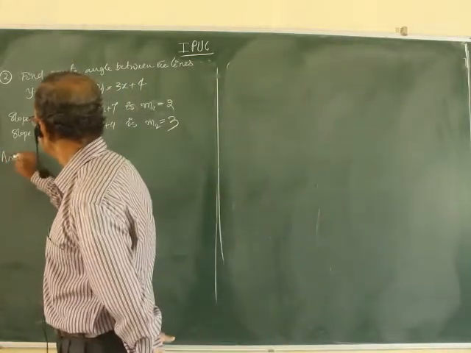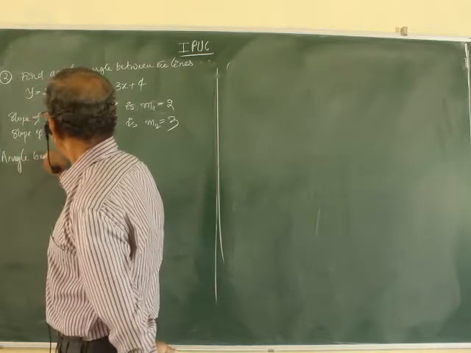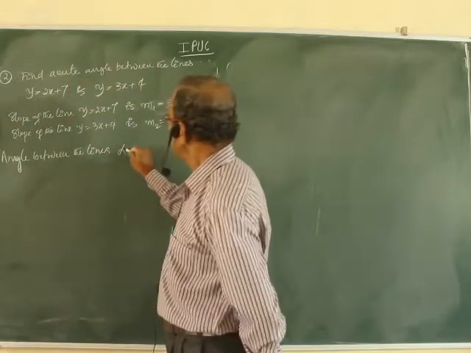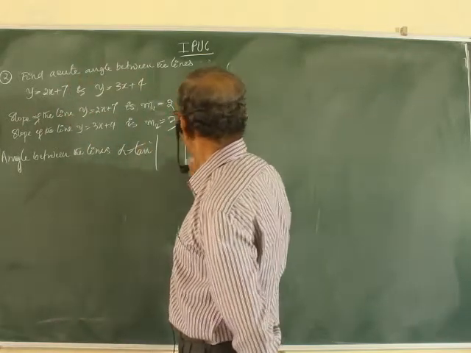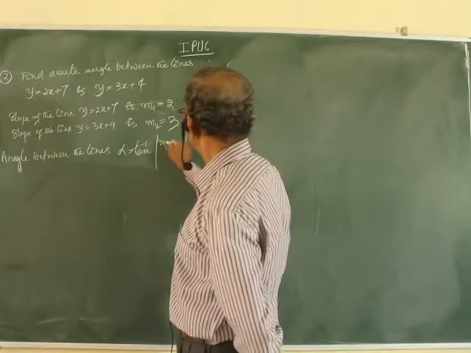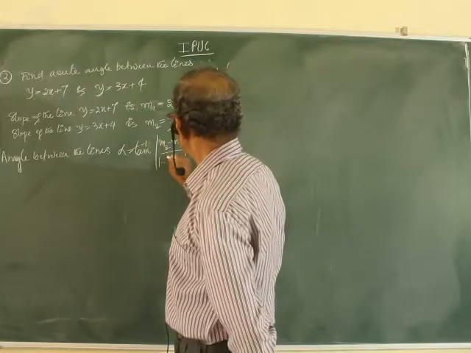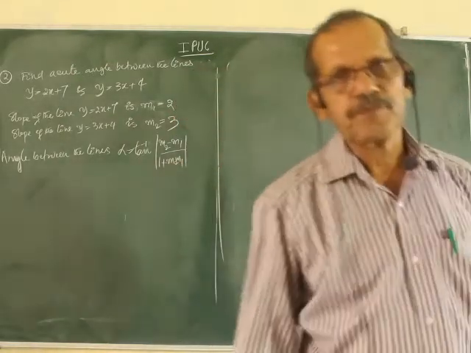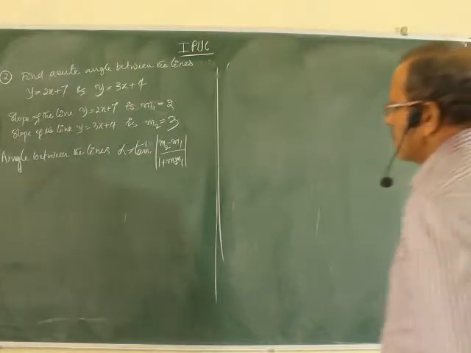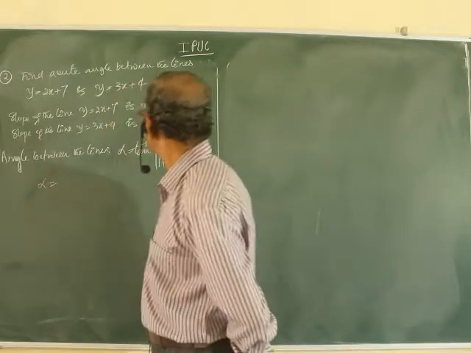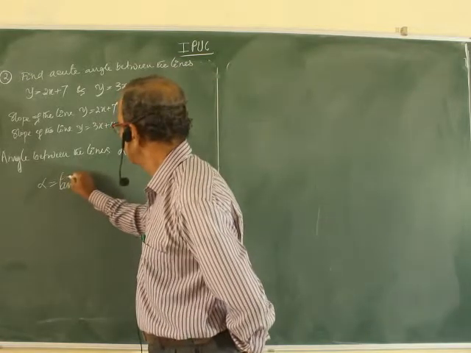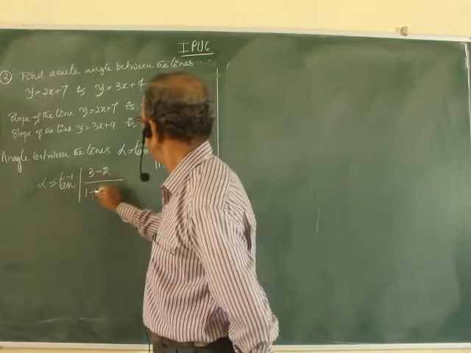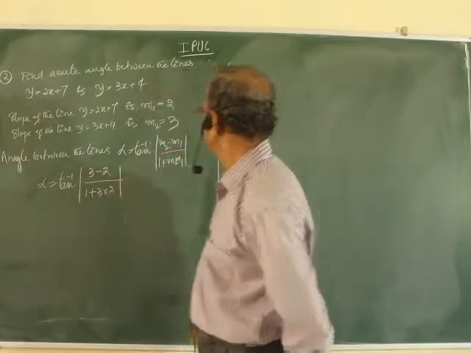Angle between the lines, alpha equal to tan inverse of m2 minus m1 by 1 plus m2 m1. Write the formula correctly. Alpha equal to tan inverse of m2 minus m1 by 1 plus m2 into m1.